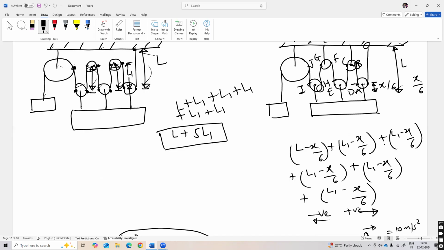So what we have done is these three pulleys have moved by distance x upon 6 in the vertical direction. And therefore the new length of rope we got is, let's keep it as it is, L, L1, L1, so it will remain as L plus 5 L1, and x upon 6 counted 1, 2, 3, 4, 5, 6 times is basically equal to minus x.